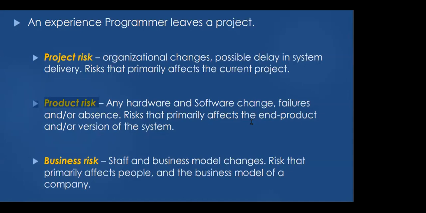So a risk should fall into one of these categories, but in reality, many of the risks that are available fall into more than one category at once. When something happens, it doesn't only affect the product, it could affect the product and the business. It could only affect the project or product. It could only affect a business, but it could also affect all three or two of them.